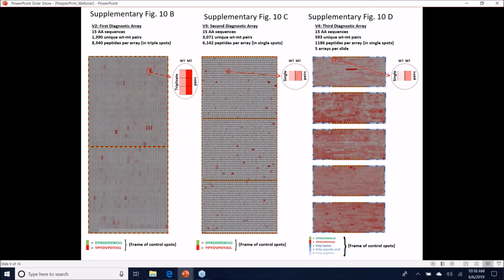We downloaded the mutation signatures for what we call version 2 and version 3 peptide microarray. And then in addition, we decided to mine the Cosmic database, which has compiled over 9,000 cancer genomes at that time.